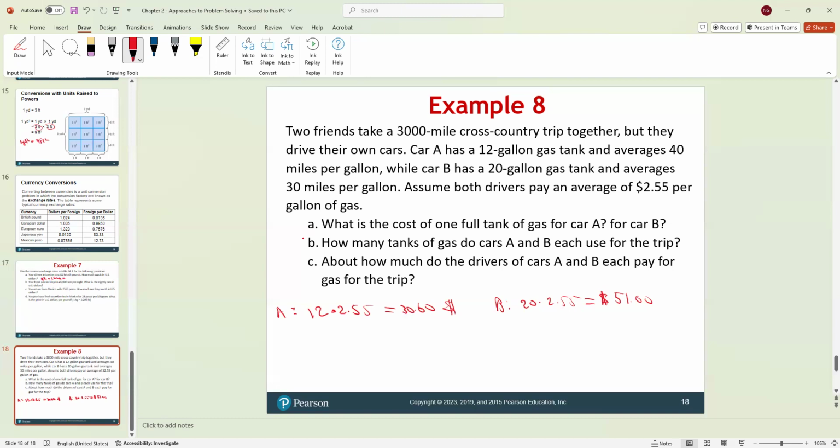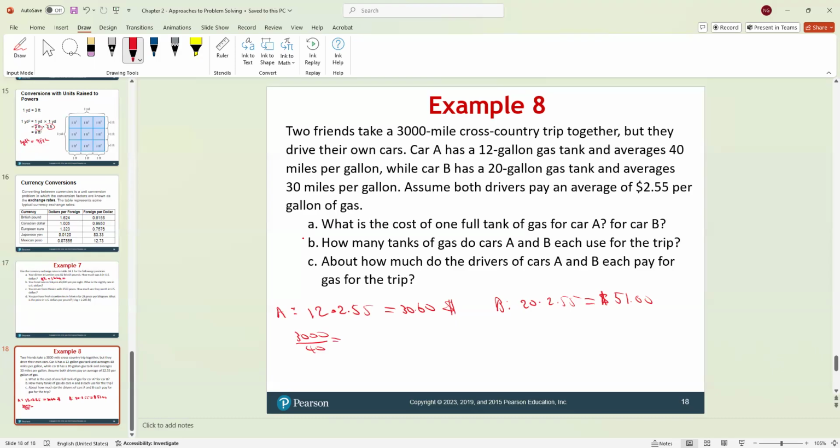So you simply need to use 3,000 miles divided by 40 miles per gallon. Let me see with my calculator, 3,000 divided by 40 gives you 75.